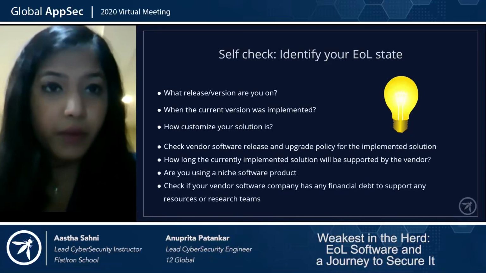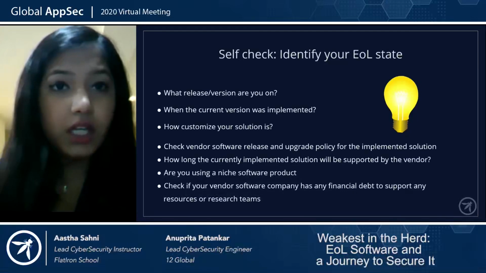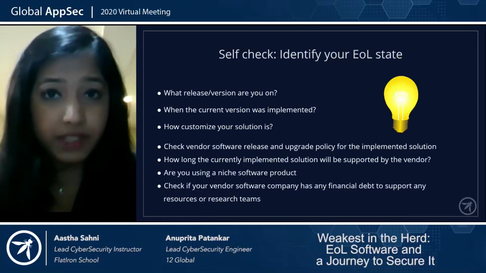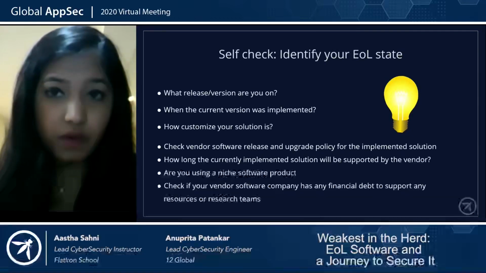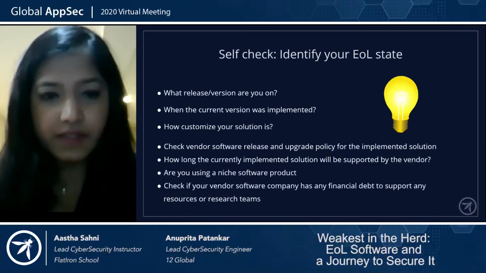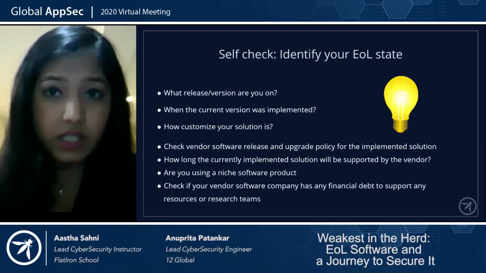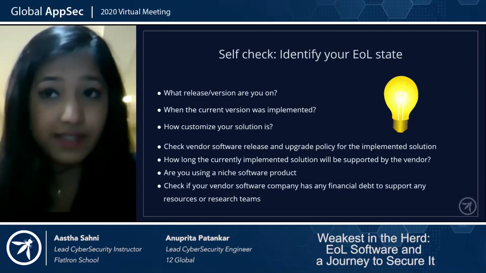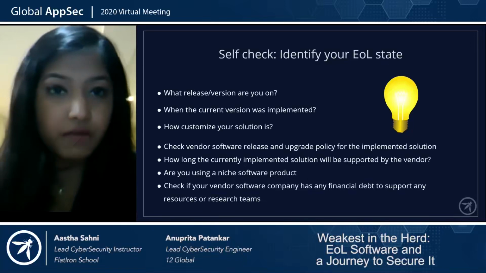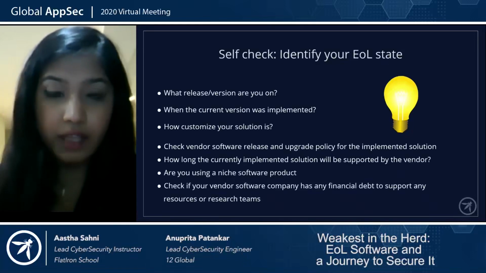Another important point you need to know is if your company is using a niche software. This is very important to understand because not all companies are mainstream businesses. The solution that they are trying to sell may be one someone had invested time and effort into, and that is no longer being supported.